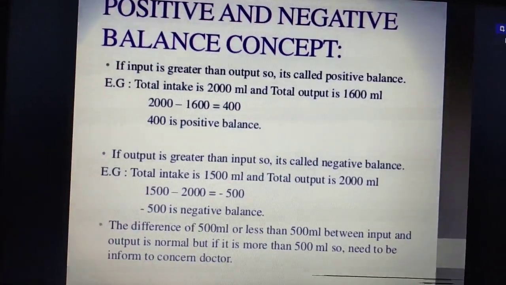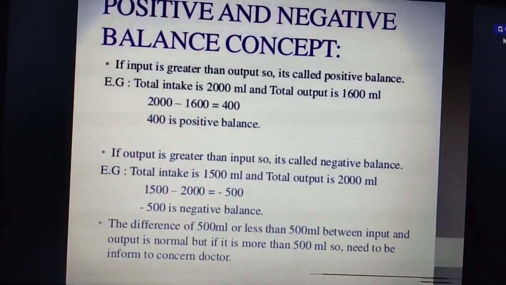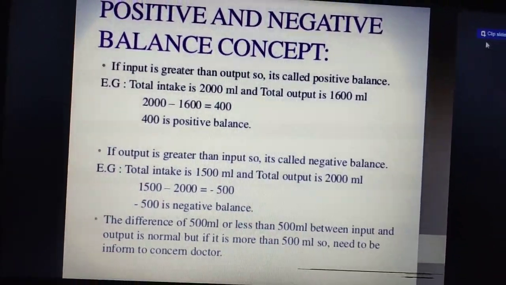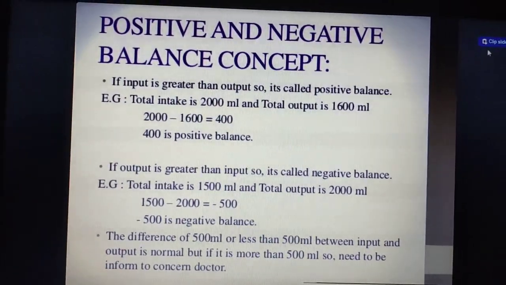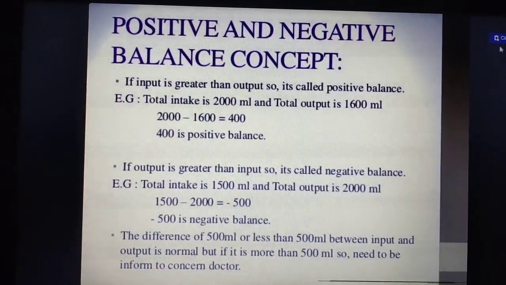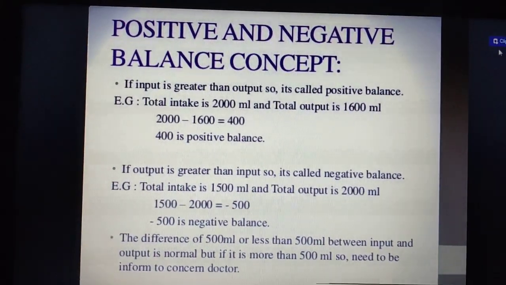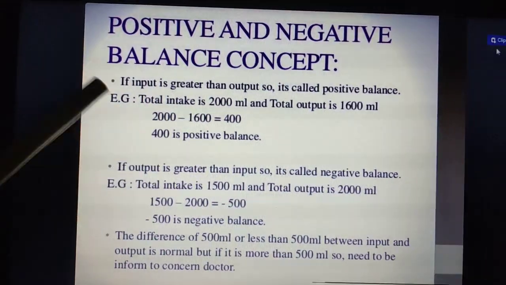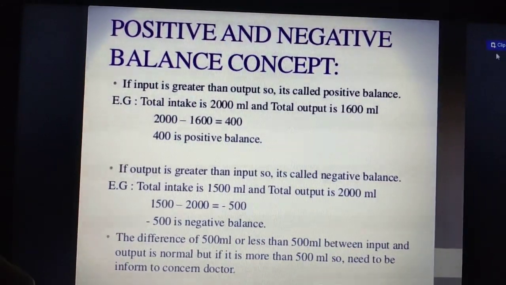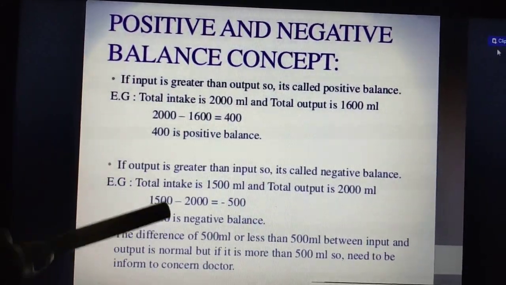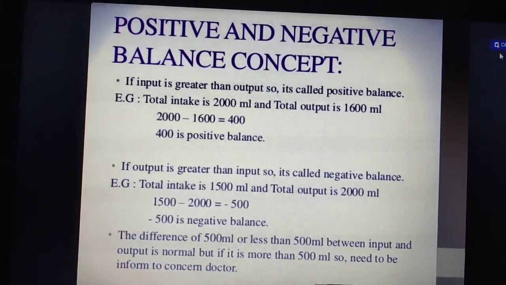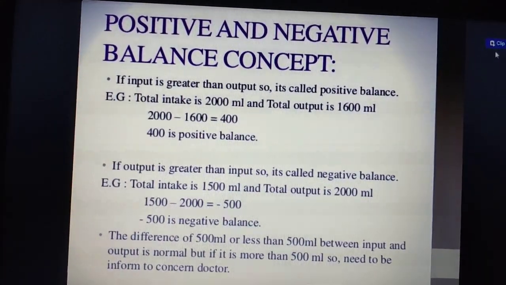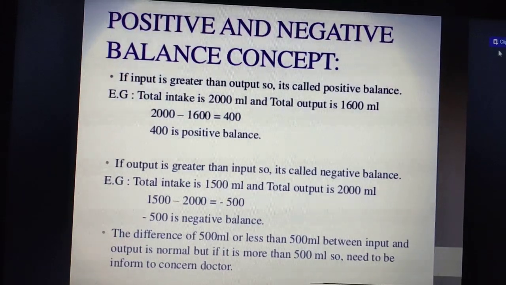Clear? Whatever fluid you are taking should always be eliminated properly. Otherwise, if you are taking 500 ml of water, but due to diarrhea, incontinence of urine, or some kidney problem, you eliminate 600 ml, what happens?